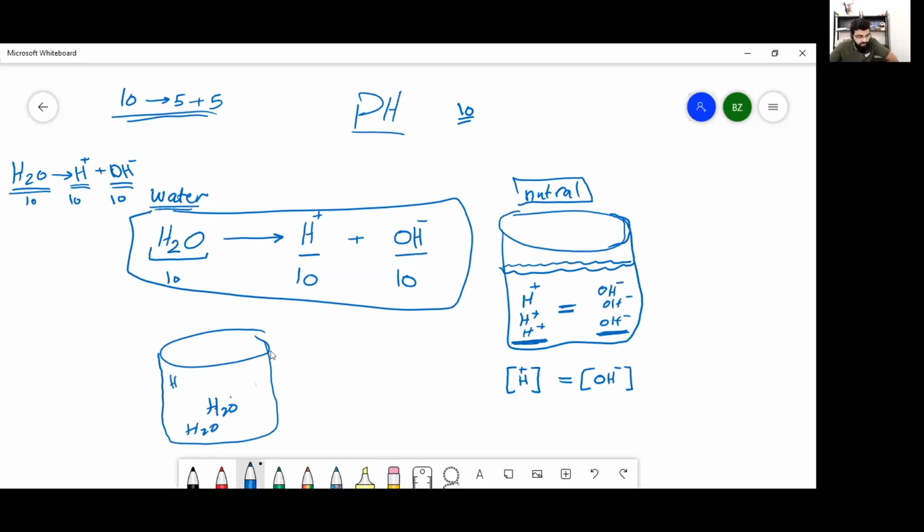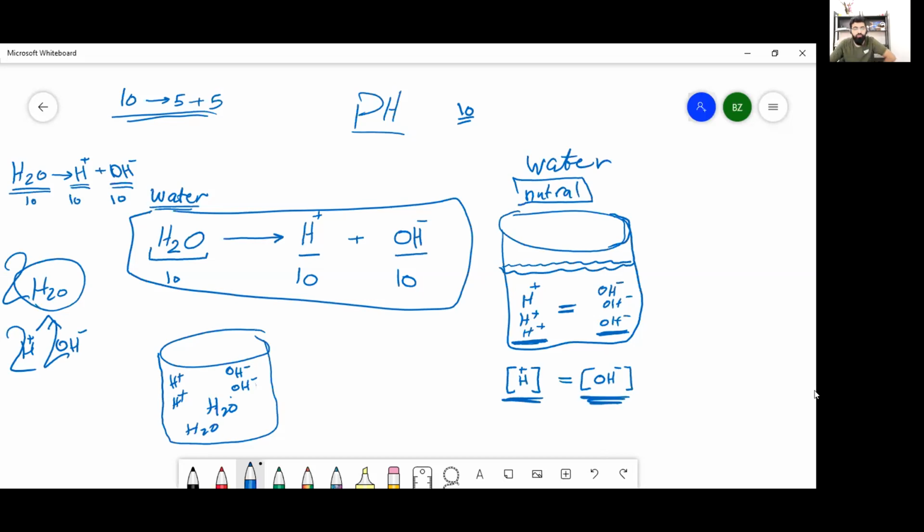That will give 2 H plus and 2 OH minus, because every H2O gives H plus and gives OH minus. So water always has concentration of H plus equal to the concentration of OH minus.